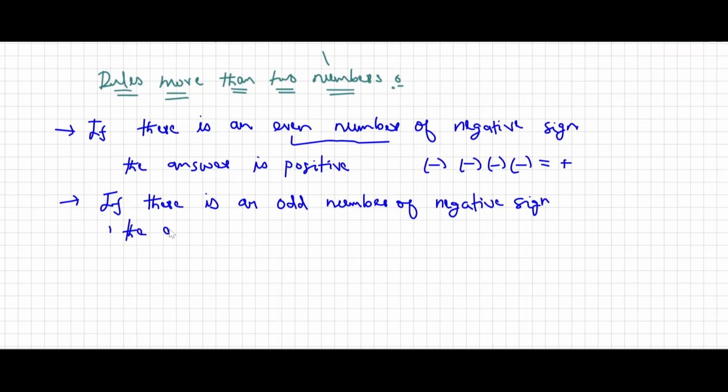But you can ask me if there is some kind of mixture of those. Then you can work it out by doing first this, then this. The answer is negative.